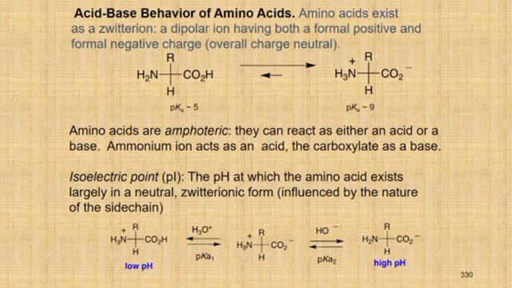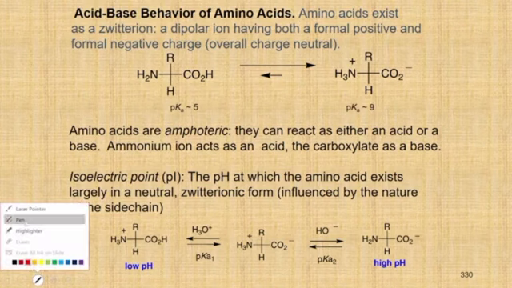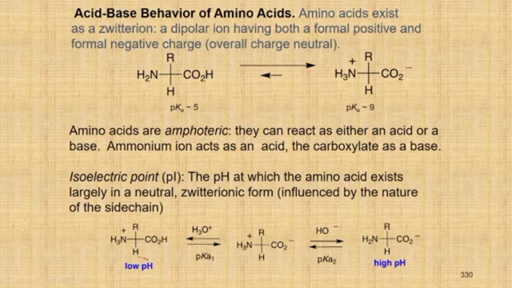So to kick off, for example, here we have an amino acid at a low pH. You can see the amino acid at low pH has accepted a proton at the level of the amine group, and it is positively charged.